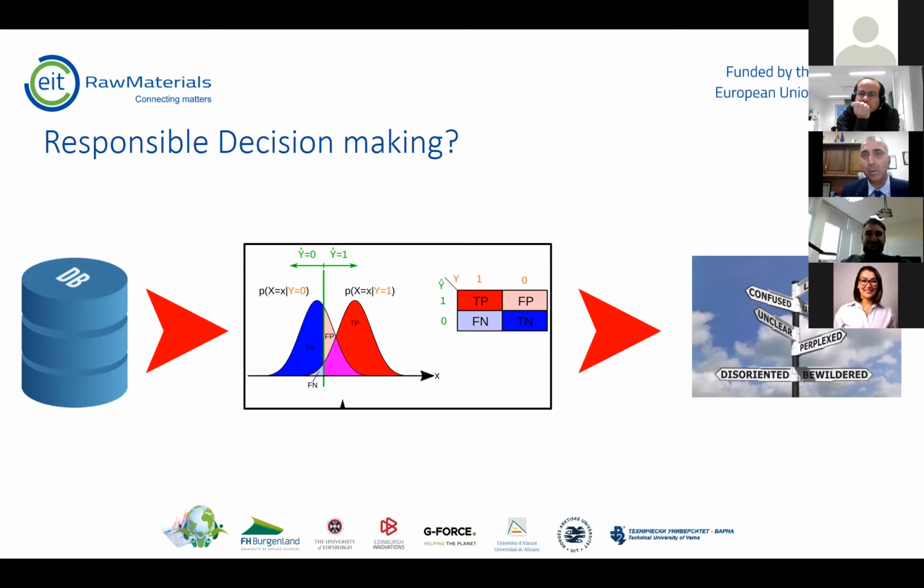Responsible artificial intelligence means, first of all, to be very careful with the data you use for creating the models.